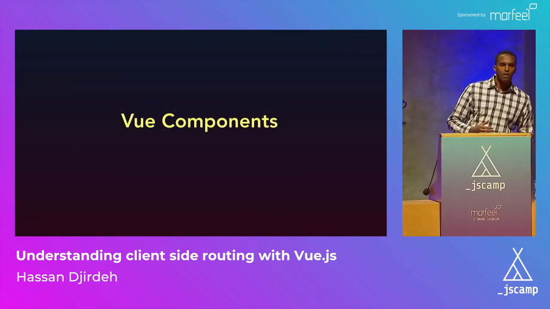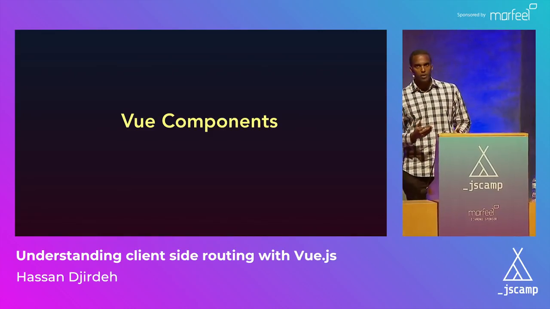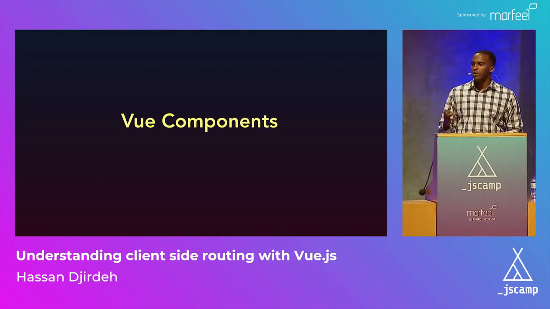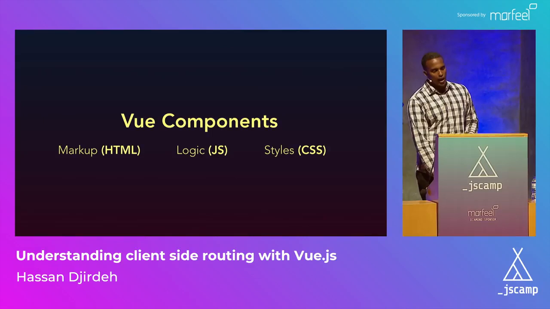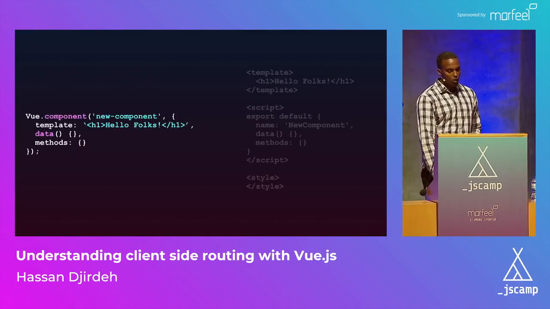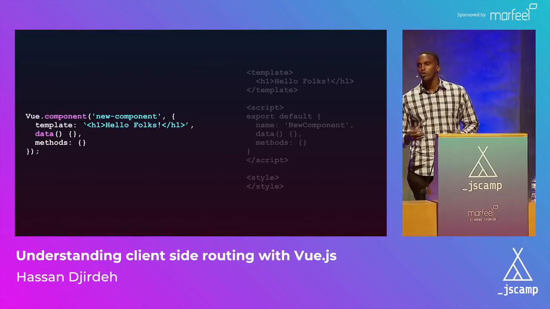We're going to spend a decent amount of time talking about Vue components, so I'm going to take a step back and explain what they are. So Vue components are basically coupled units of functionality that allow us to group markup, logic, and styles. In Vue, there's usually one of 2 ways where we can define Vue components. In standalone Vue applications, we can use the Vue.component constructor to define a component globally.